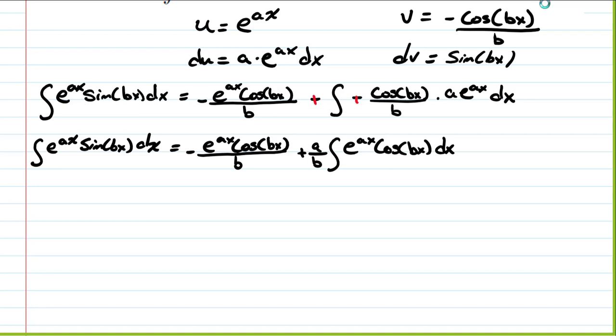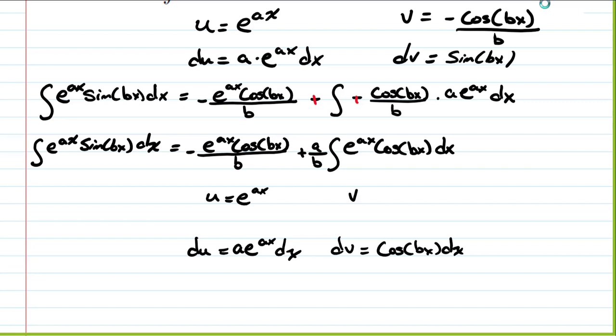Let's try again. So let's do integration by parts one more time. So this time, if we pick almost the same thing, if we pick u to be e to the ax, and we pick dv this time to be cosine bx dx, then du is a e to the ax dx, and v is going to be sine bx divided by b.